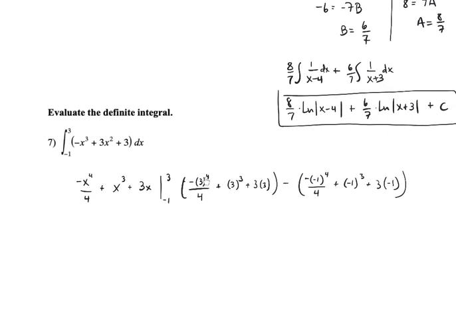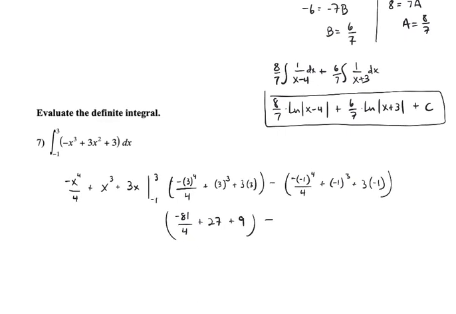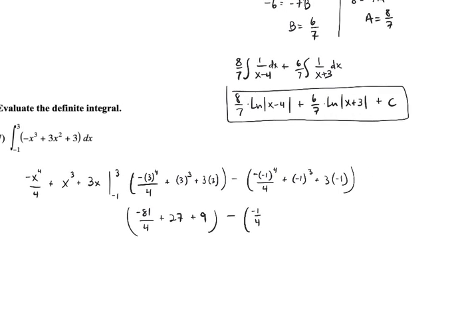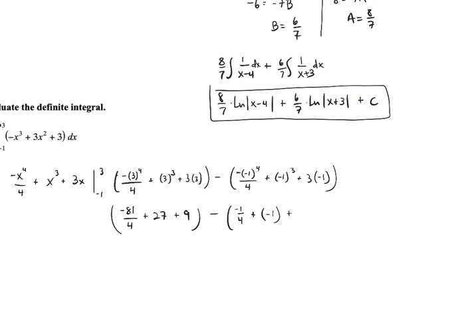Okay, so here 3 to the 4th is 81 multiplied by negative 1 is negative 81 fourths. 3 to the 3rd power is 27, and then 3 times 3 is 9. And then here, negative 1 to the 4th power is 1, but then multiplied by that negative is negative 1 fourth, plus negative 1 cubed is negative 1, plus negative 3.